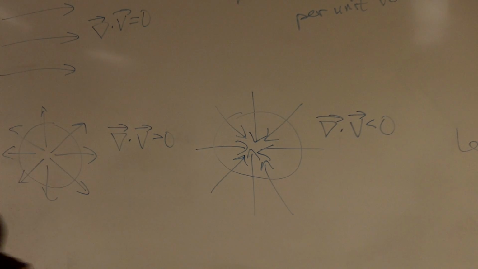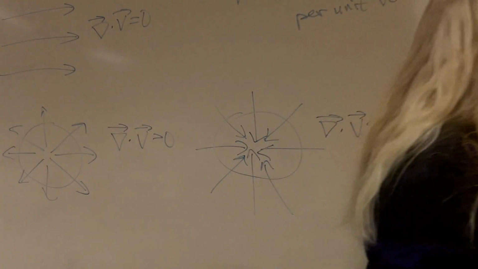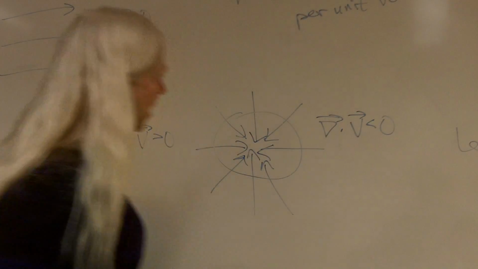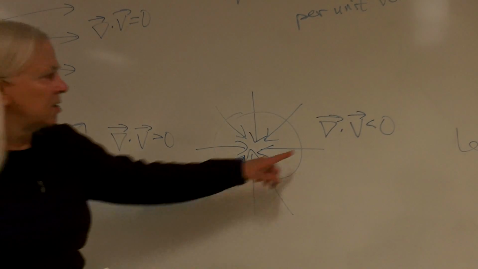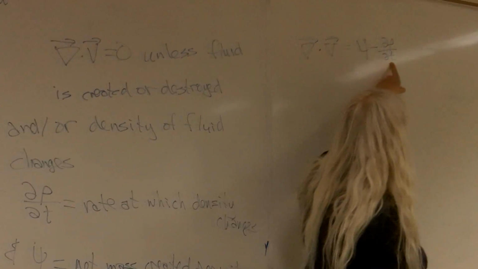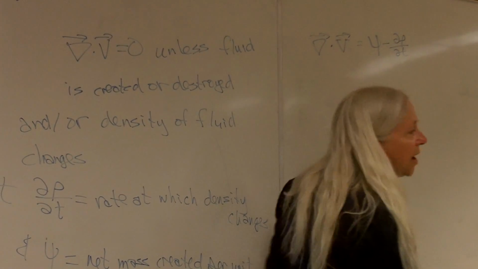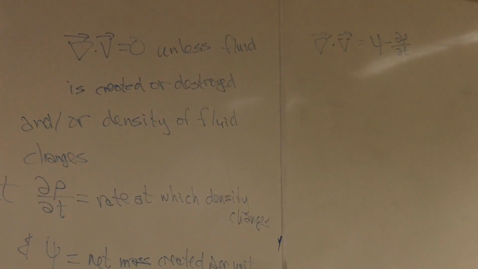So if the density increases with time, it's a negative divergence, so that's why we put the minus sign in front here. If positive is pushing out, negative is closing in.